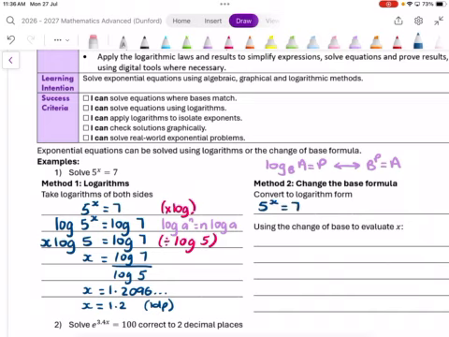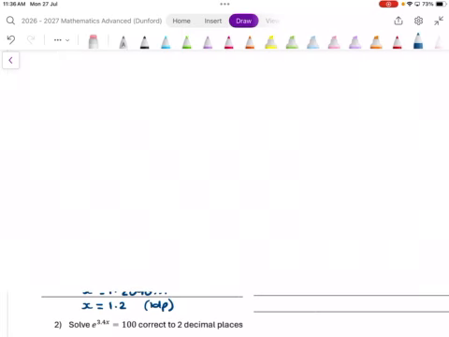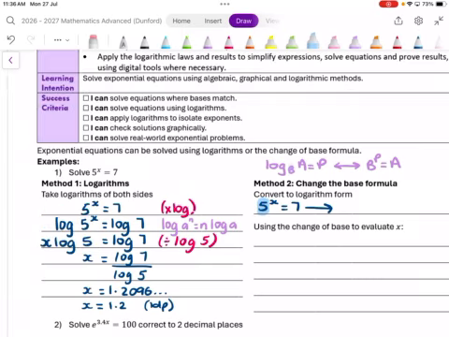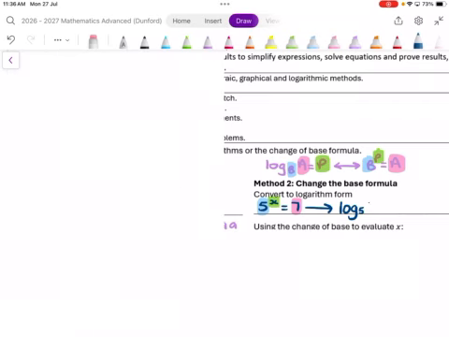Our 5 is our base, our power is our x, and our answer is our 7. So our exponential converts to log of base 5 of 7 equals x.